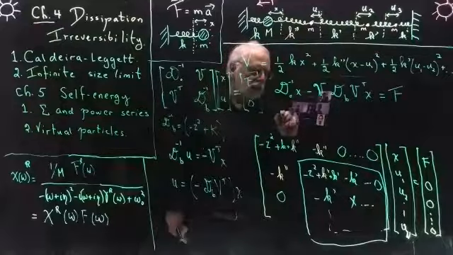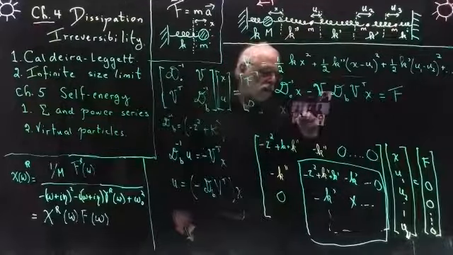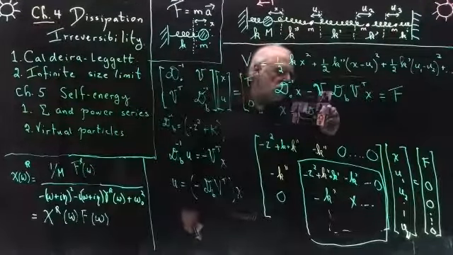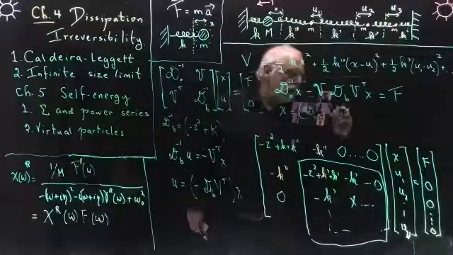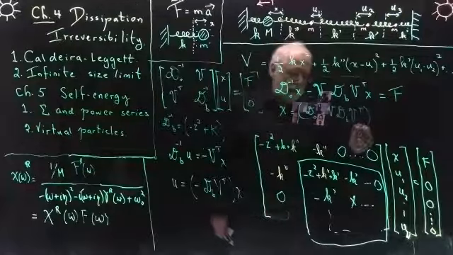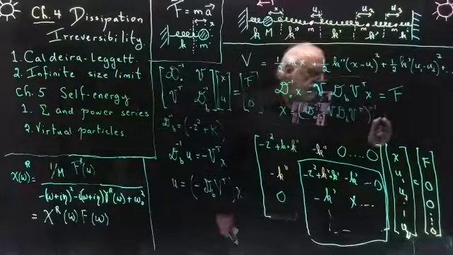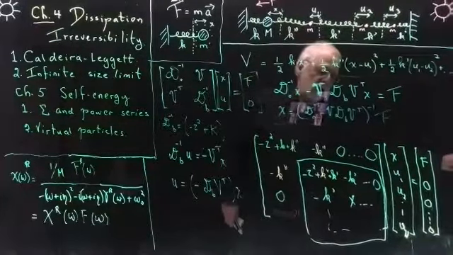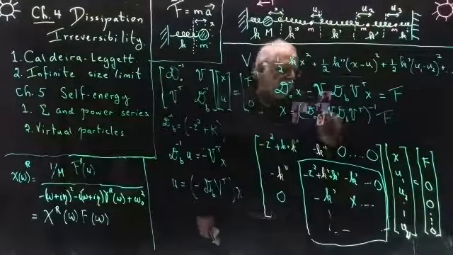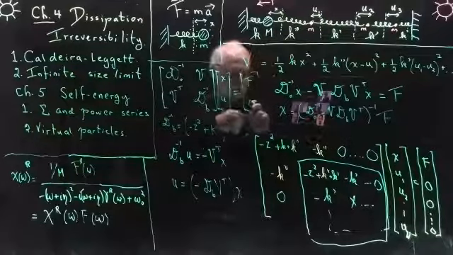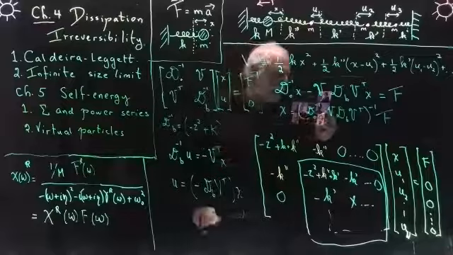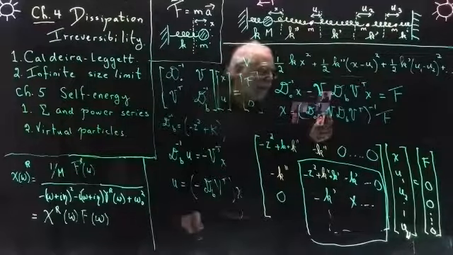X is equal to D0 minus 1 minus V D B V transpose, to the minus 1, times F. This thing in mathematics is called Schur's complement, but we will never use that name again, but it's useful to know.